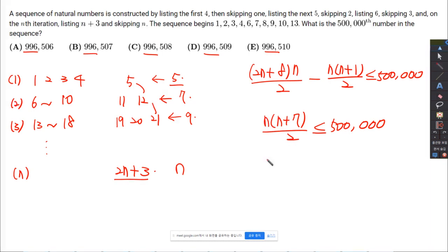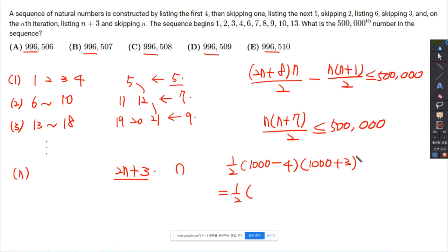That means 996 plus 7 becomes 1003, and that's divided by 2.